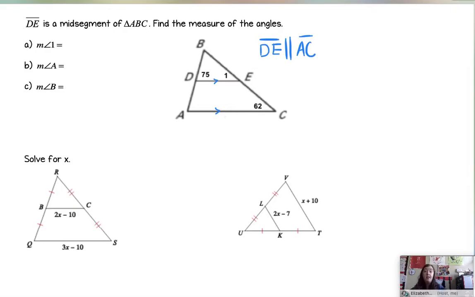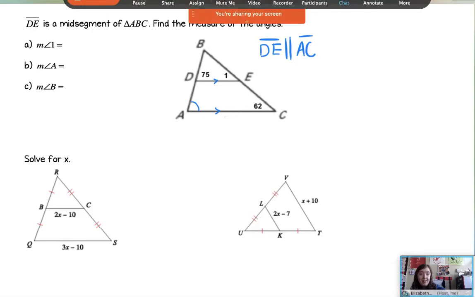Now, earlier we talked about parallel lines and transversals, right? Angle A and angle 75.